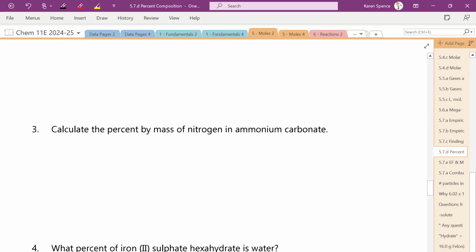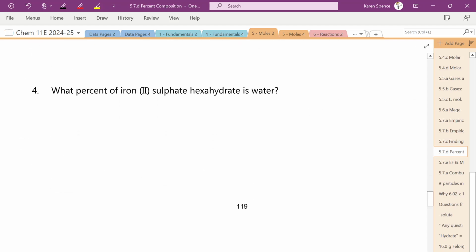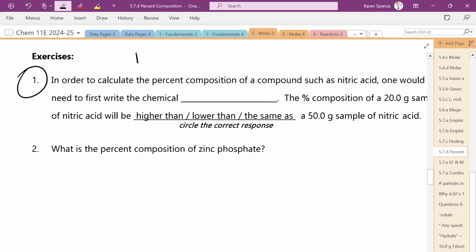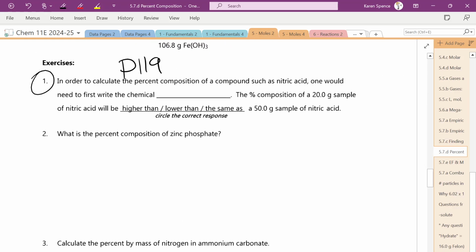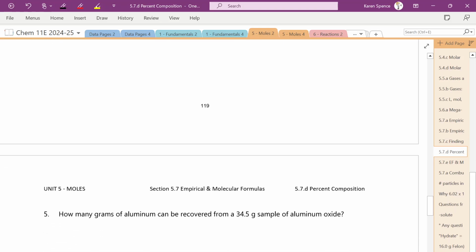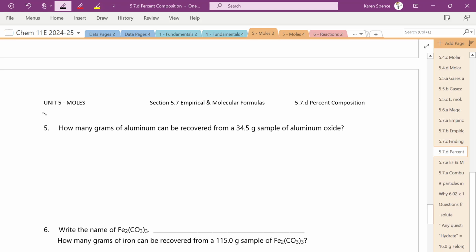So that's on page 119. I mean, I don't know how much of this you need to do. Here's a hydrate. Do the hydrate one. Do number 5, 4, 5.